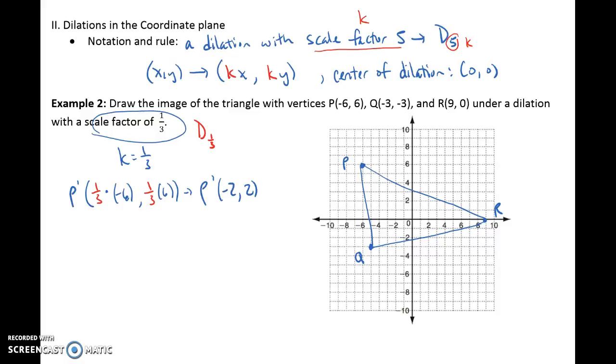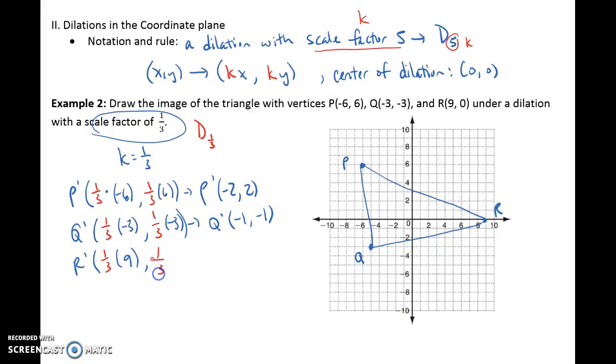I can do the same thing to find Q prime and R prime. Again, just 1/3 times -3, comma, 1/3 times -3. Then Q prime is at (-1, -1). Finally, R prime. Let's do the multiplication one more time, and we get R prime at (3, 0).